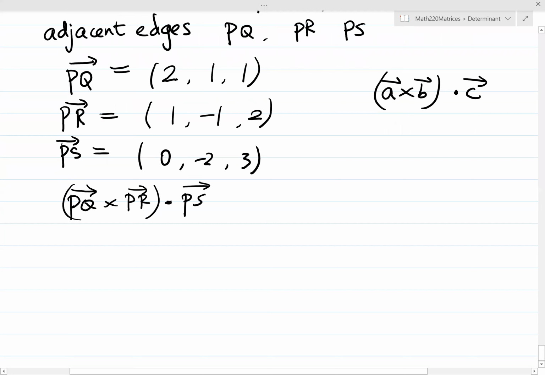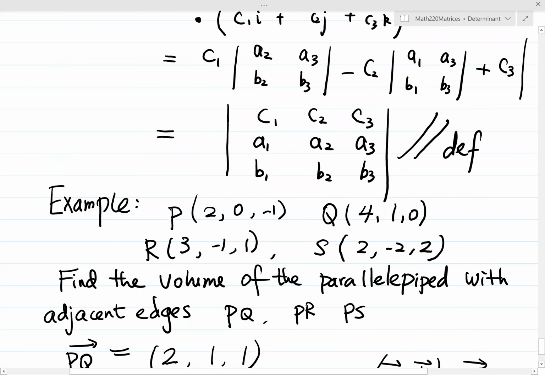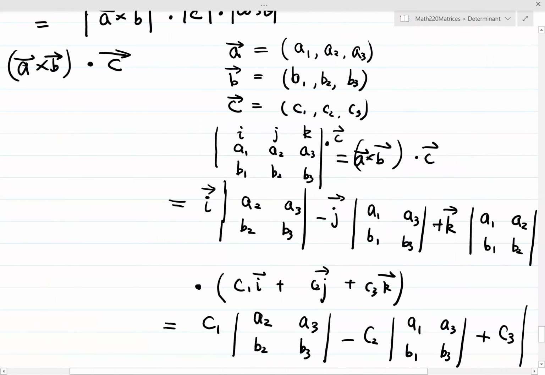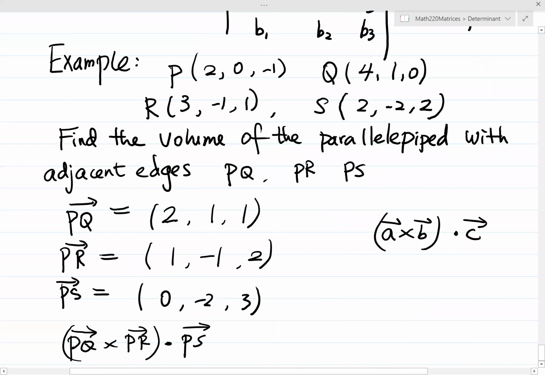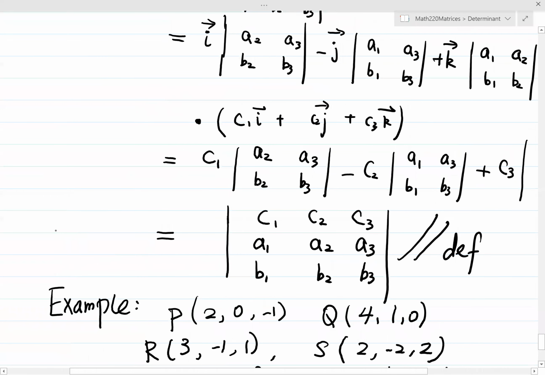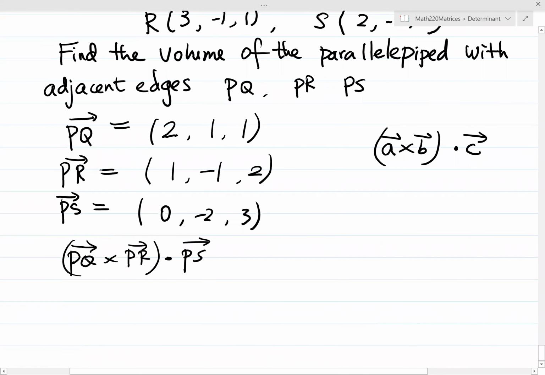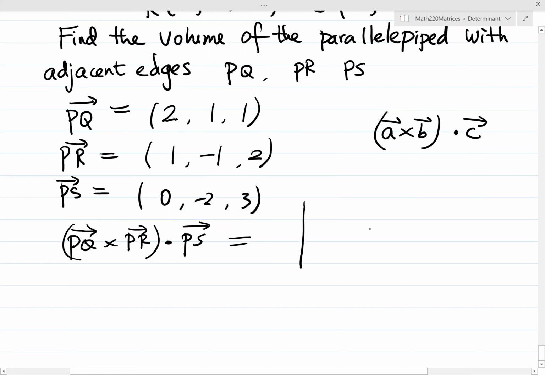Now when we do A cross B dot C, we write C first and then A, B. So we write PS first, (0, -2, 3), and then A, B. So this is (2, 1, 1) and this is (1, -1, 2).